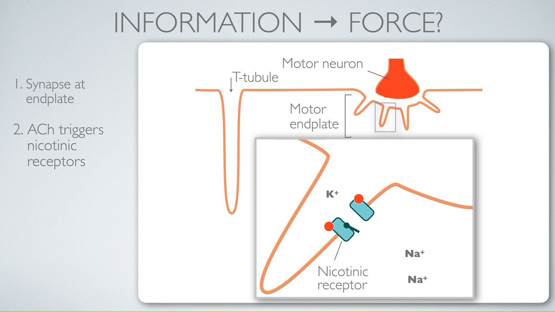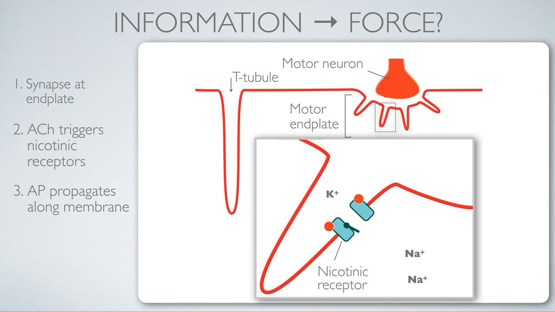So the net effect is to depolarize the cell, and that creates a depolarization that then propagates along the surface of the cell. So if we look above in this schematic, step 3 is that the action potential propagates along the membrane. So if we look up here, we can see an animation of that excitation.